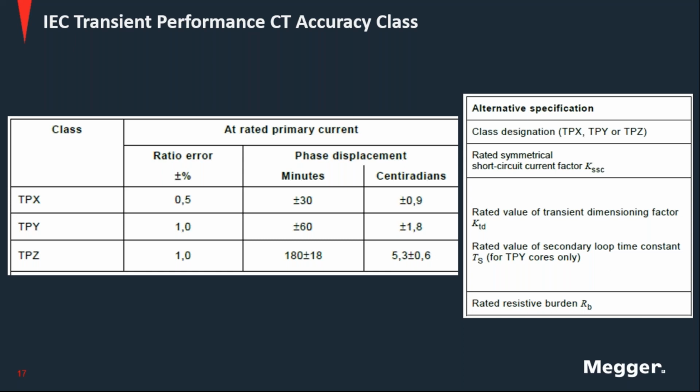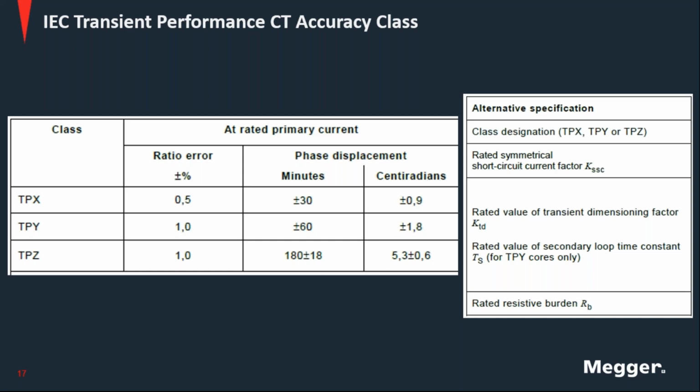So they have other characteristics that need to be assessed, like the rated value of the transient dimensioning factor KTD, the rated value of the secondary loop time constant TS, or rated resistive burden. So you look specifically at the resistive burden, not at the DC characteristic of the burden, not the inductive part.